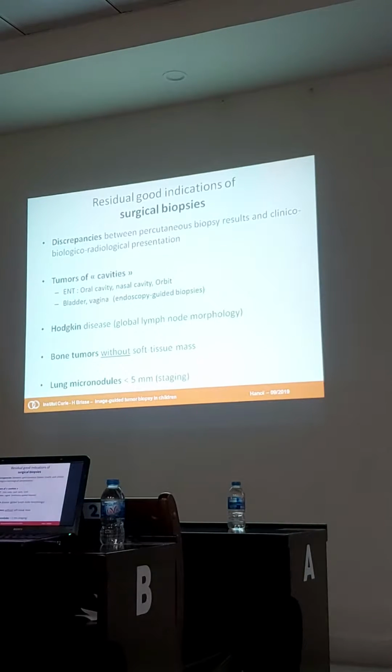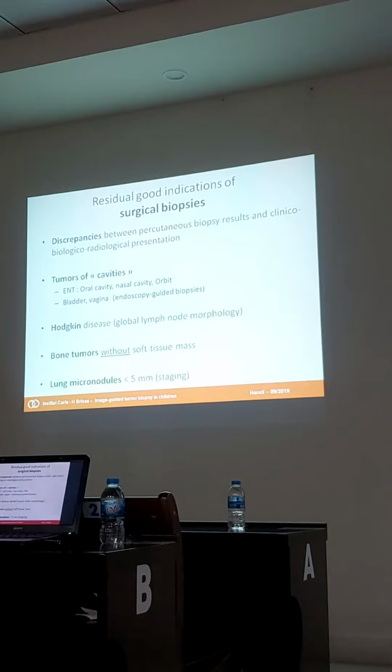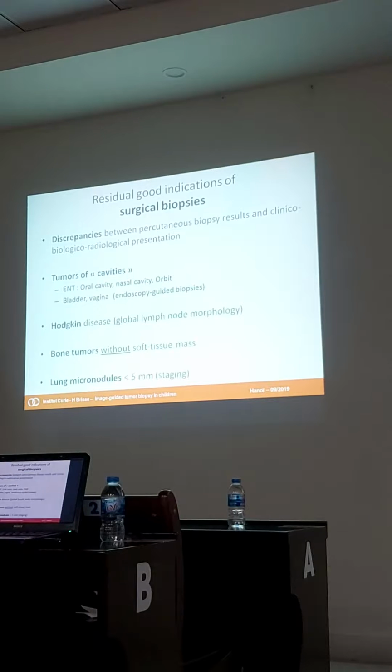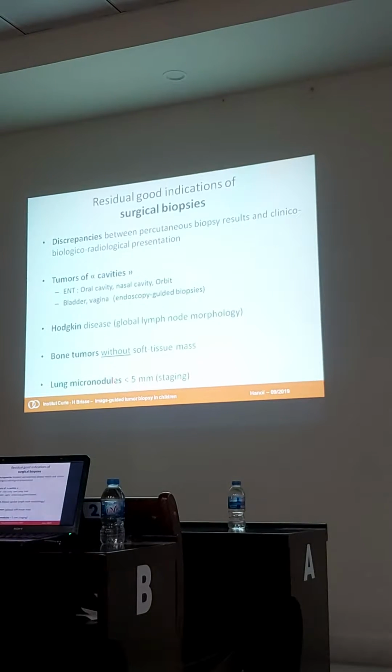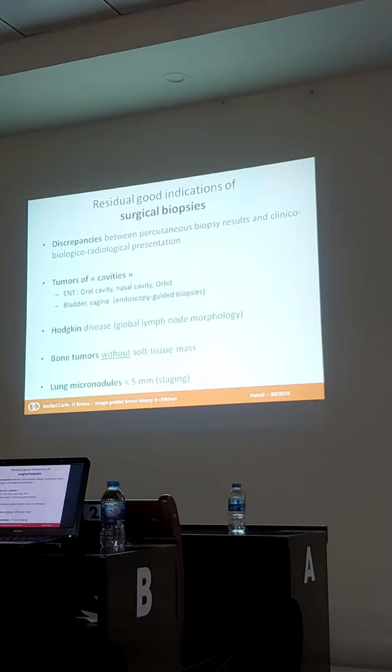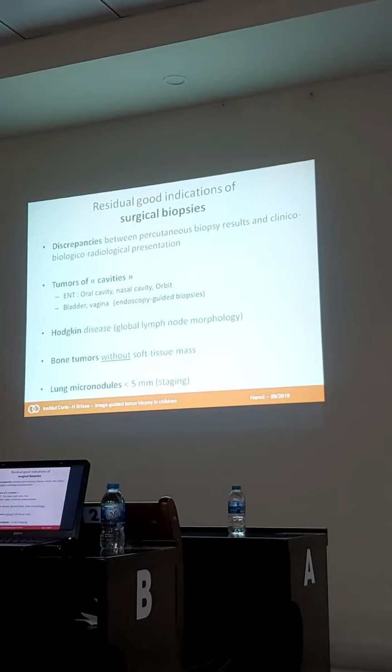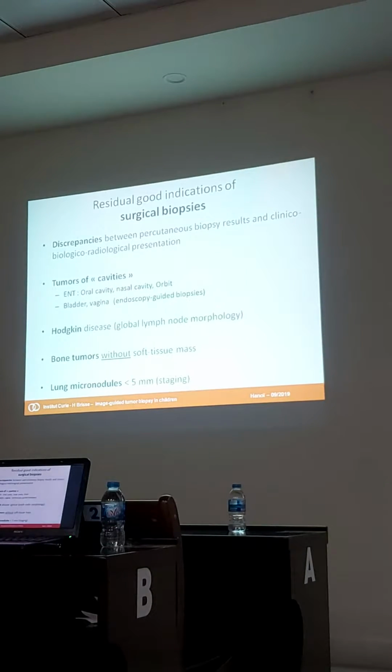For some lymphomas, if you have a clinical presentation of Hodgkin's disease, you have a better quality of diagnosis with a lymph node resection. And for bone tumors, when you don't have such a large soft tissue mass, it's easier to get the diagnosis when the tumor is located only within the bone.